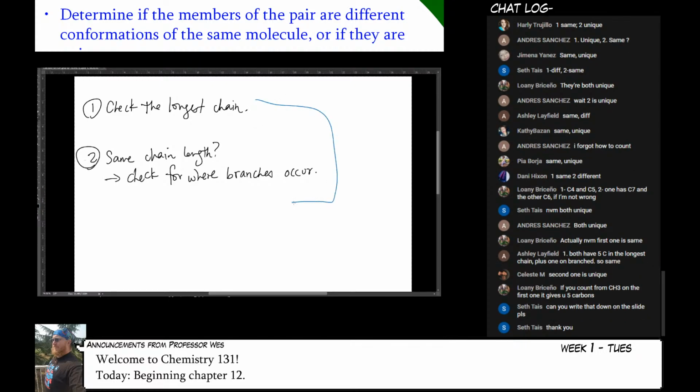And at any point, if you see any differences, then they are unique. But if you do all of this and you get the same carbon counting, then they are just different conformations of the same molecule.